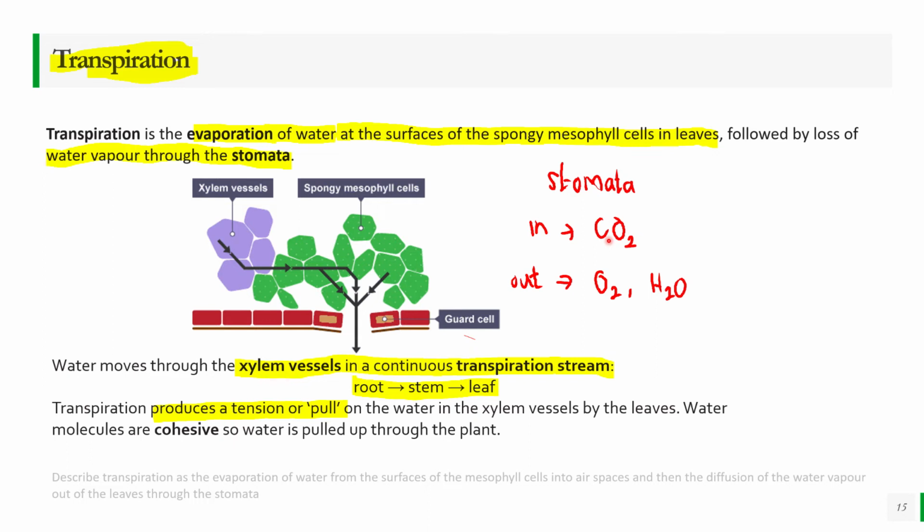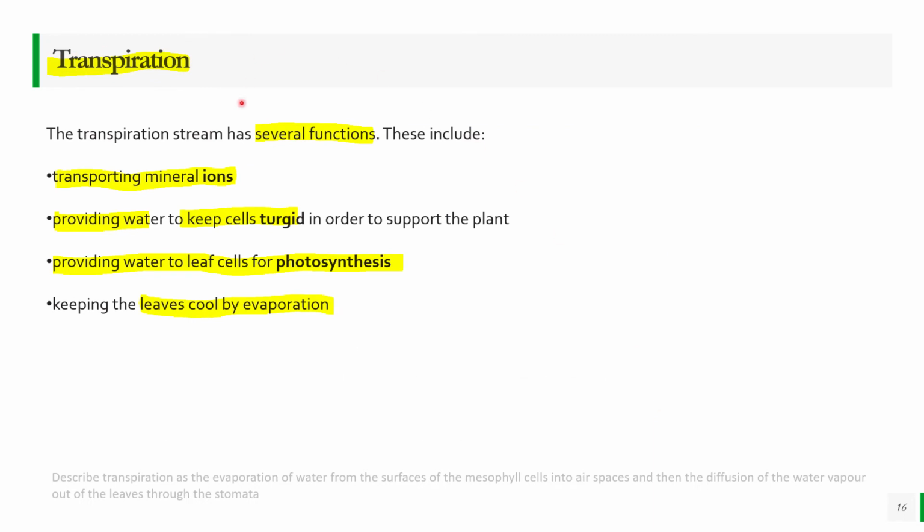Alright, so in the old syllabus, transpiration was one of the most important processes you needed to know. But for this new syllabus, it only mentions this, but I will include some details from the old syllabus as well, which are the functions as well as the factors.